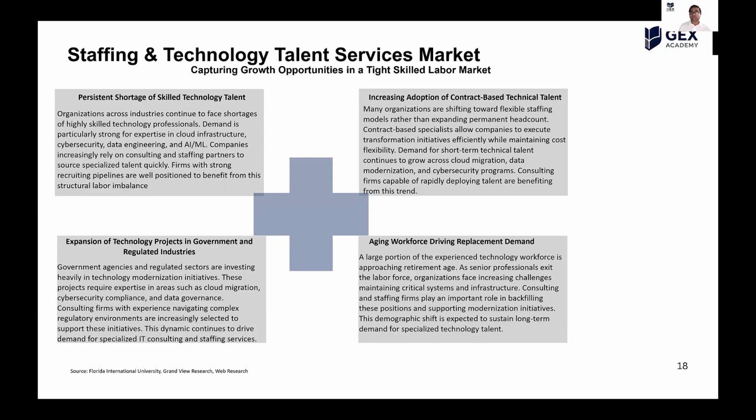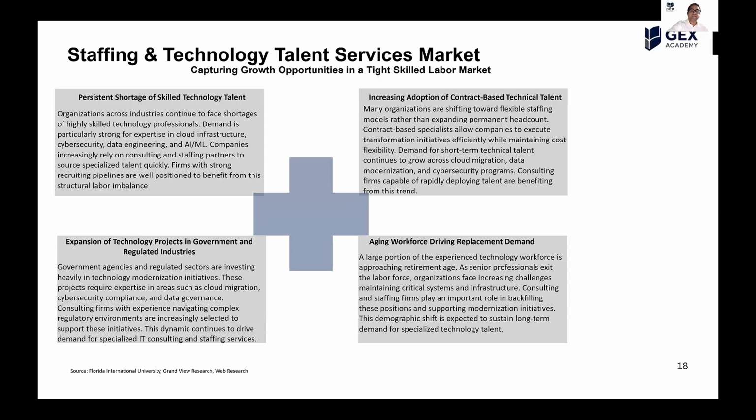The third trend involves the expansion of technology projects within the government and regulated industries. Government agencies, healthcare organizations, and financial institutions, and there are other regulated sectors, continue to invest heavily in technology modernization efforts. These projects often involve complex compliance requirements, cybersecurity considerations, regulatory oversight.